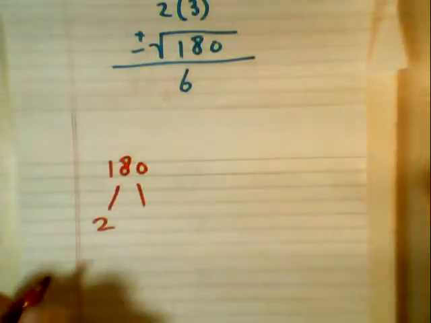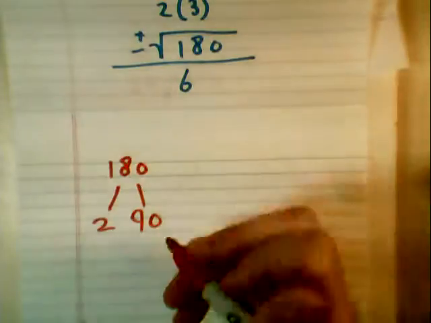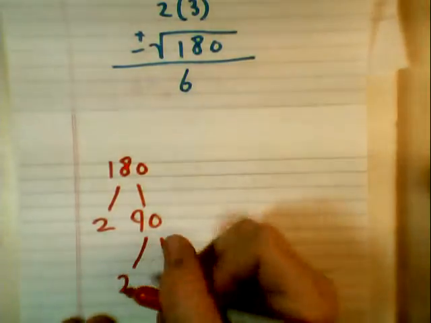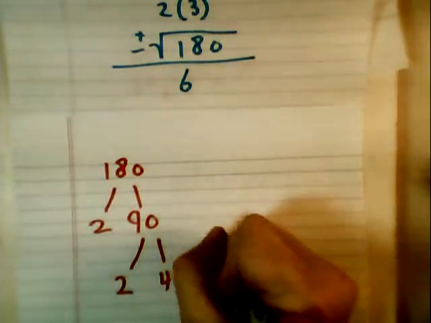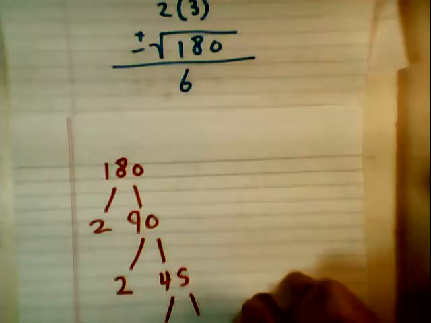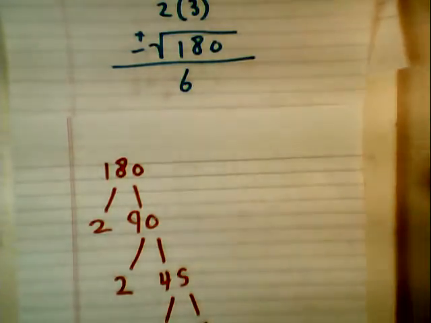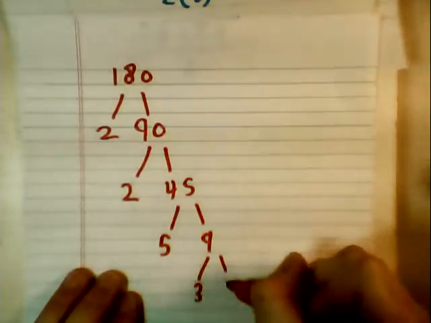We get 90. Break 90 up, divide it by 2 because it's even. We're going to get 45. Let's divide 45 by 5, and we get 9. 5 can't be broken up, but the 9 can be broken up into 3s.